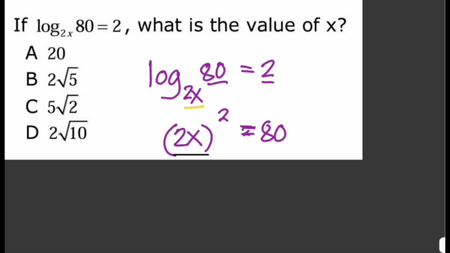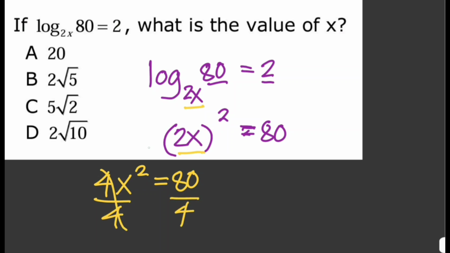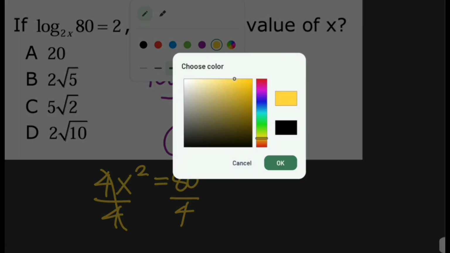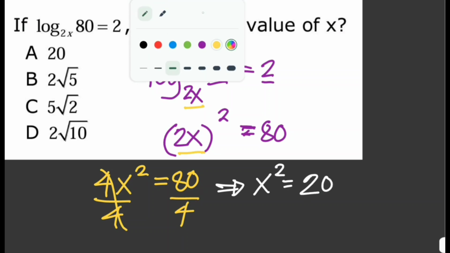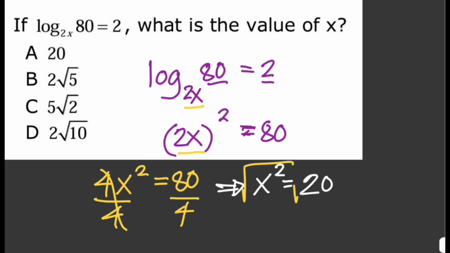Let's simplify this first. 2x squared is just 4x squared equals 80. And we divide both sides by 4. Then we have x squared equals 20. And we take the square root of both sides. So x here is equal to plus minus square root of 20.